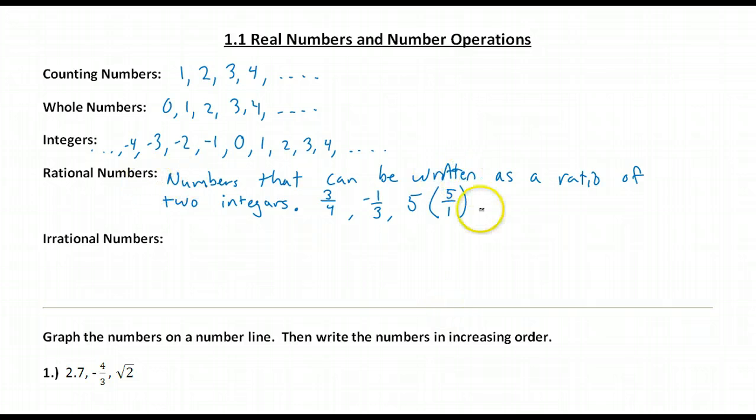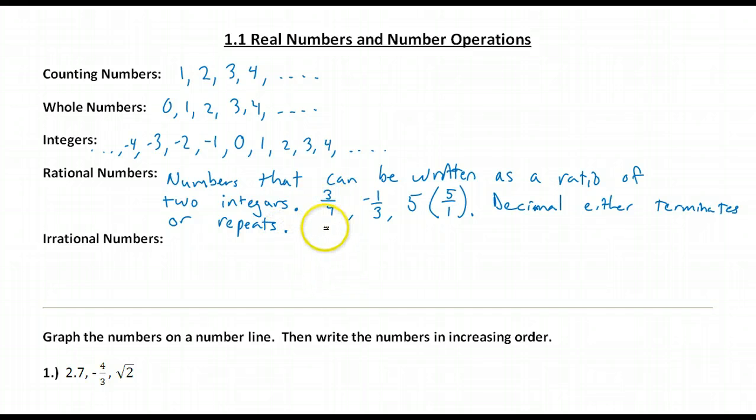Another way to define a rational number is a number whose decimal either ends, it terminates, or repeats.